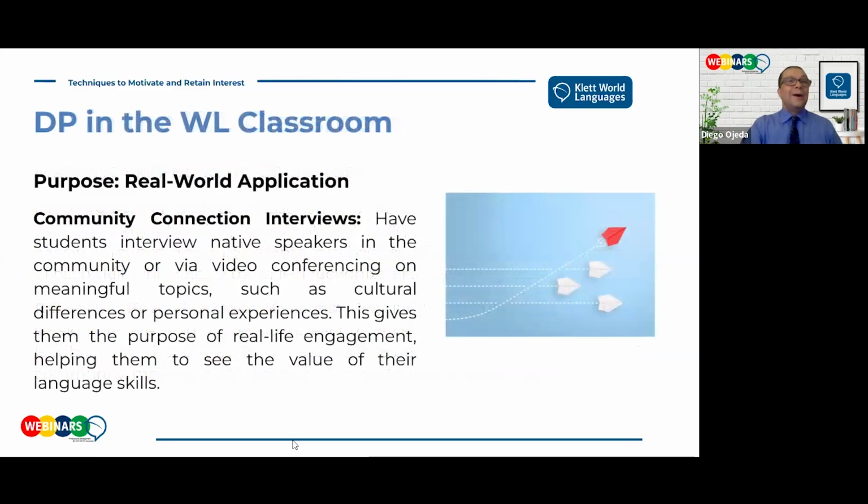Okay? All right. So keep going with Daniel Pink. The last intrinsic strategy is purpose. In other words, real world application. So one of these activities is the community connection interviews, where we seek people, preferably who speak the target language, but that are part of our community, and we simply interview them.